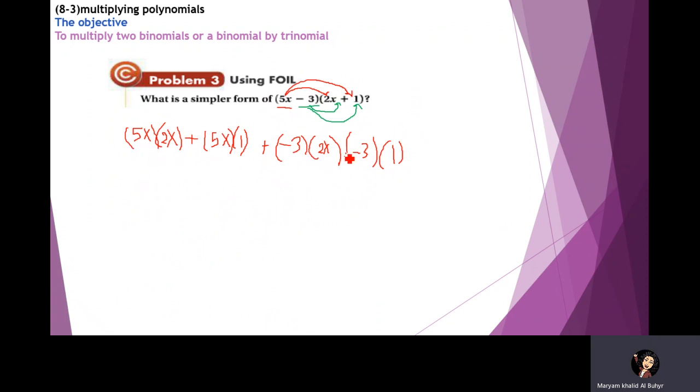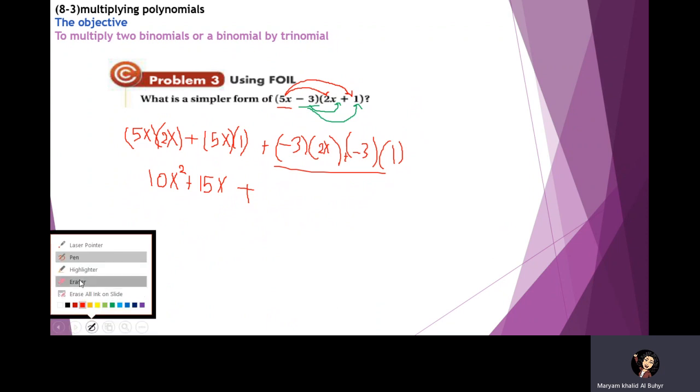So basically that should be in the green one. So that is 10x to the power 2 plus 15x, minus 6x minus 3, because we have the minus.